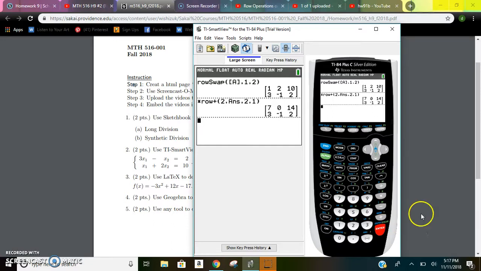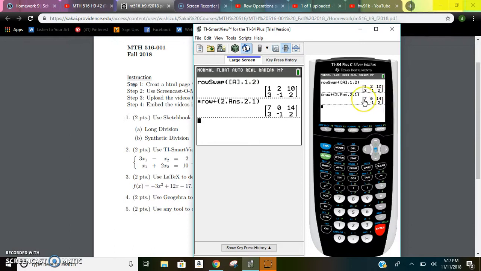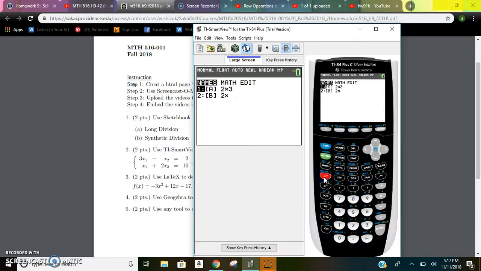Alright, looks good. Now that's a 0, and I'm just going to divide this first row by 7 so that we have our identity. To do that, I'm just going to do row multiplication. So second matrix, over to math, row multiplier.